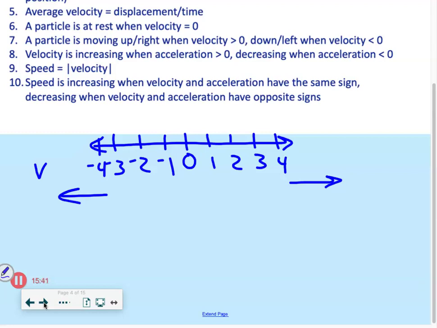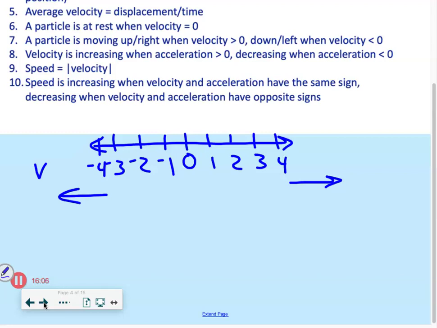The numbers are decreasing numerically, but the speeds are the absolute values of those numbers. And the speeds are getting bigger, right? 1, 2, 3, 4, 5. So even though numerically your velocities are getting smaller, your speeds are getting bigger, right? So you've got to be careful not to get those mixed up.